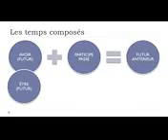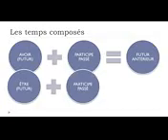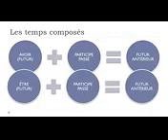Or then, for exactly the same exceptions and the same cases, you will use être, but then être should be at the future tense, plus le participe passé, and it will give you le futur antérieur. So we'll see exactly the same thing as we saw previously for the other tenses. We'll see the future form for avoir, and then the future form for être.